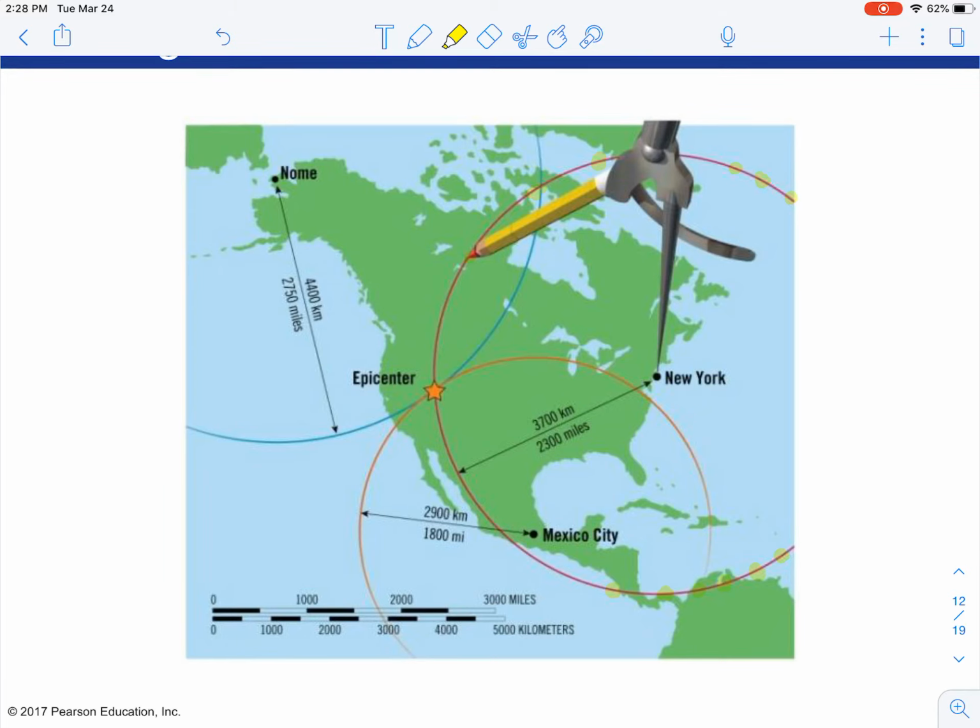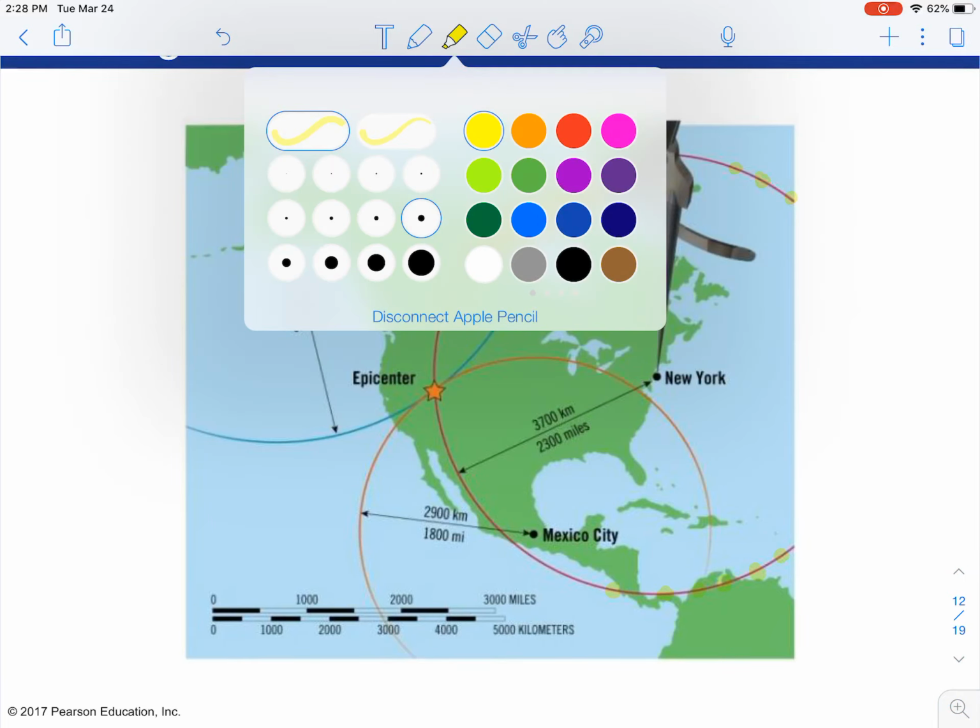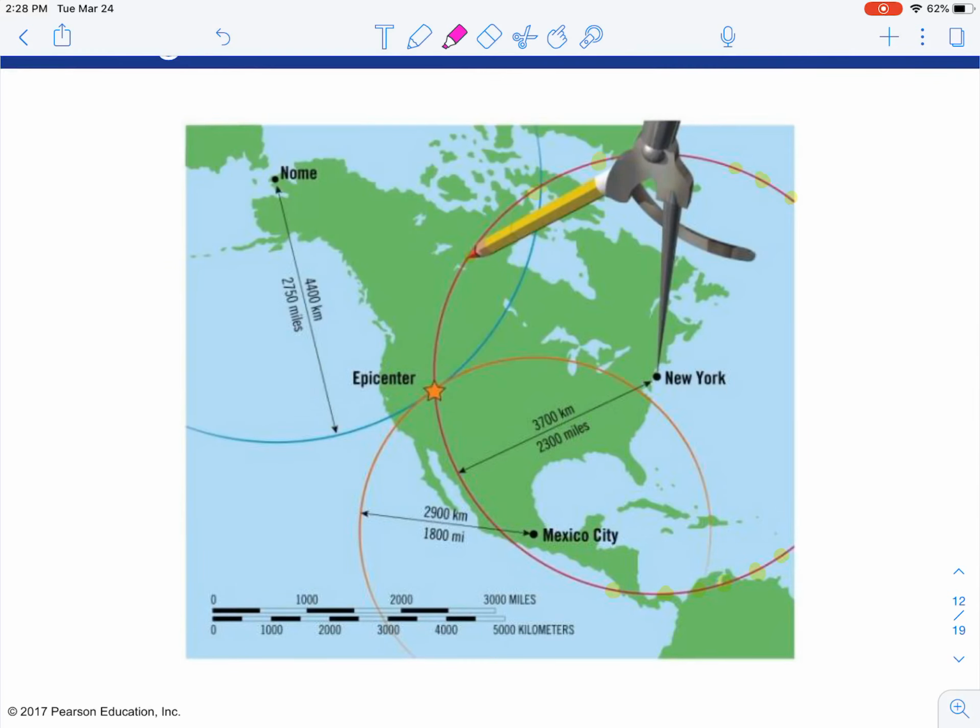So we need a second city, Mexico City or Nome, Alaska, to determine location. So Mexico City, using the lag time, was 2,900 kilometers from the earthquake epicenter, which tells me that we now have 2 possible locations for that earthquake.